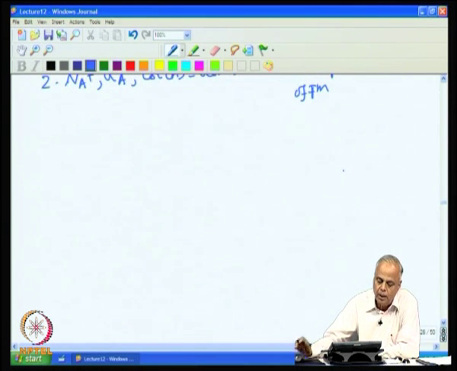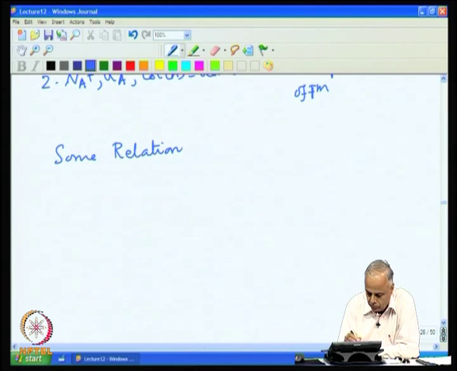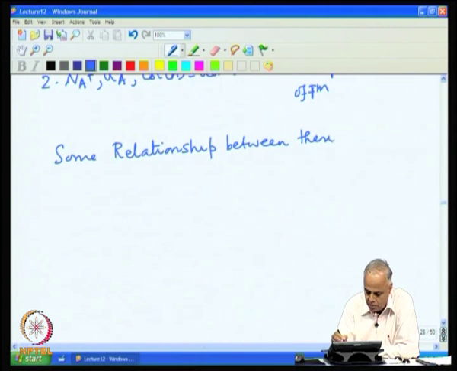So, now we shall look at some relationship between these subspaces.